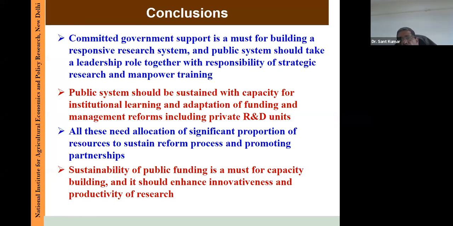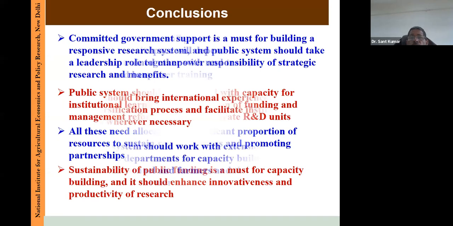The public system should be sustained with the capacity for institutional learning and adaptation. Funding management reforms are needed. All these need allocation of a significant proportion of resources to sustain reforms. Sustainability of the public funding is a must for the capacity building and should enhance the innovativeness and the productivity of research.